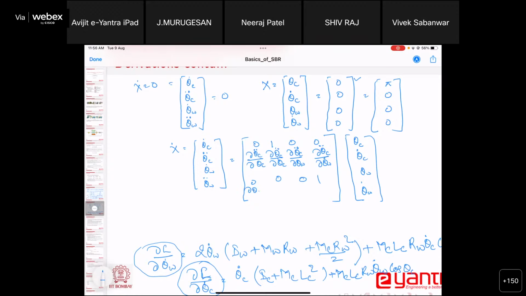Similarly, del theta w double dot divided by del theta c, del theta w double dot divided by del theta c dot, del theta w double dot divided by del theta w.